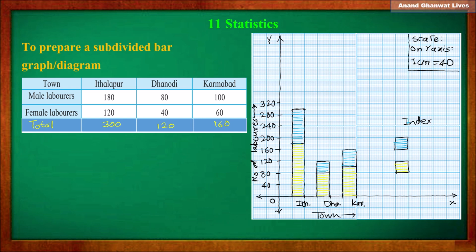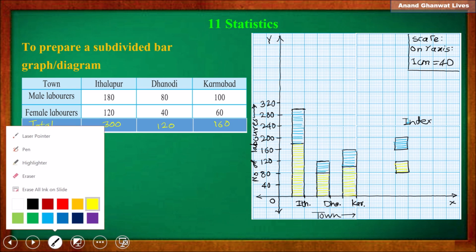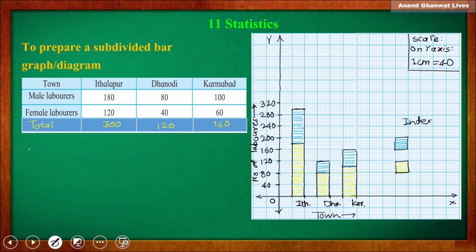So color blue is showing the number of female laborers, and color yellow is showing male laborers.